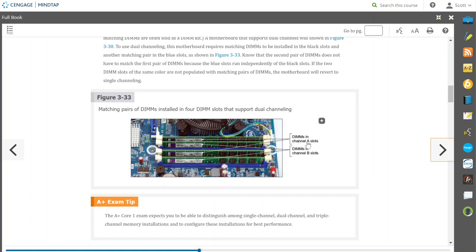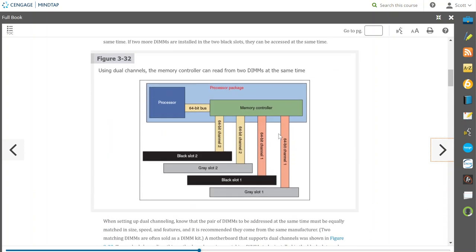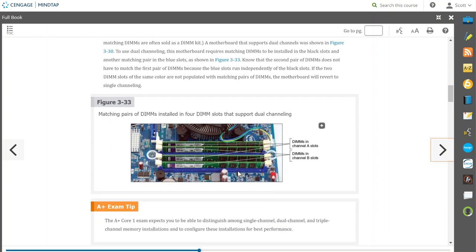DIMMs in channel A slots and DIMMs in channel B slots. Come back, the gray slots are channel 1 and channel 2. The black slots are channel 1 and channel 2. They're on different channels. So the same channel would be the gray slots, same channel would be the black slots. Right.